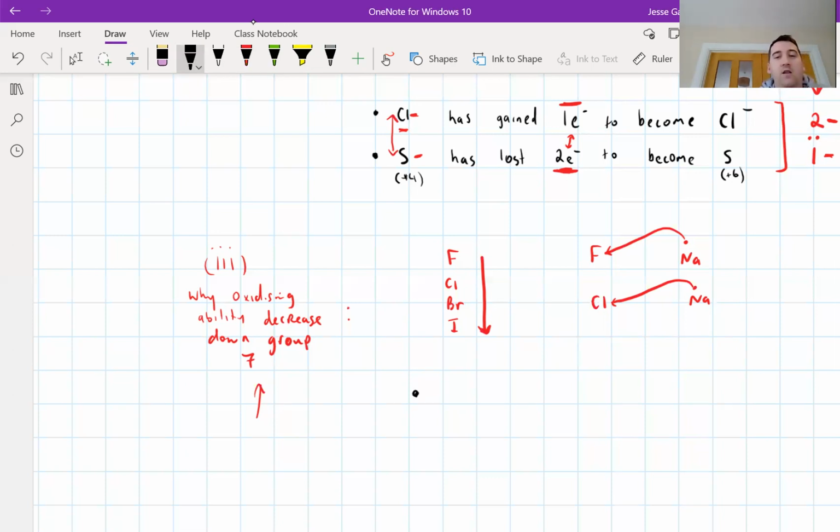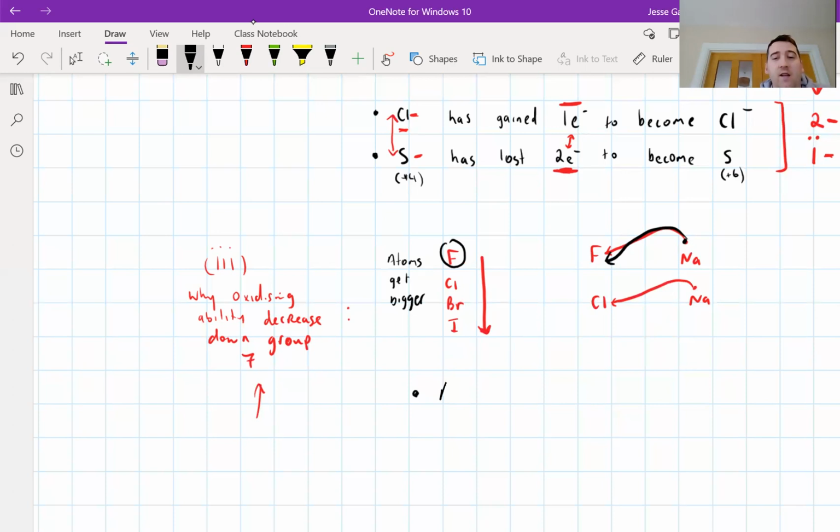Okay, so what happens when you go down a group here then is, first of all, the atoms get bigger. This puts the nucleus, which is where the positive charge is, further away from this neighboring electron that wants to be taken. So the smallest atom at the top is better at taking the electrons because its positive nucleus can get closer to the electrons.